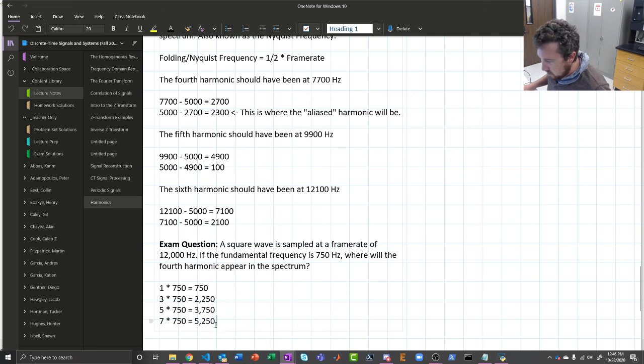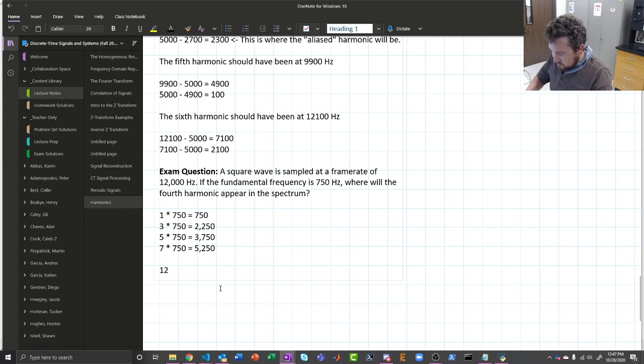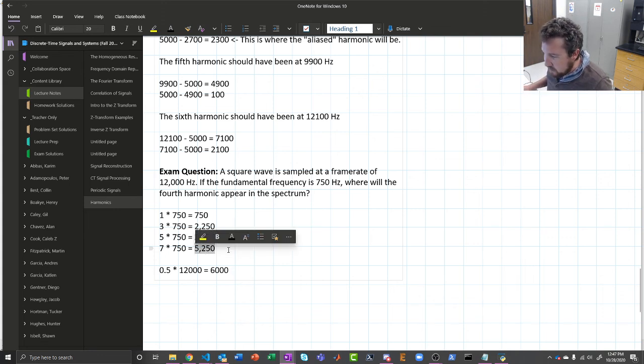So the harmonic should be at 5,250. Look at that, I didn't do very good. The frame rate is 12,000 hertz, so 0.5 times 12,000 equals 6,000. So by the way I've done this question, the fourth harmonic will appear at 5,250 because it's inside the folding frequency. It's inside the Nyquist frequency.